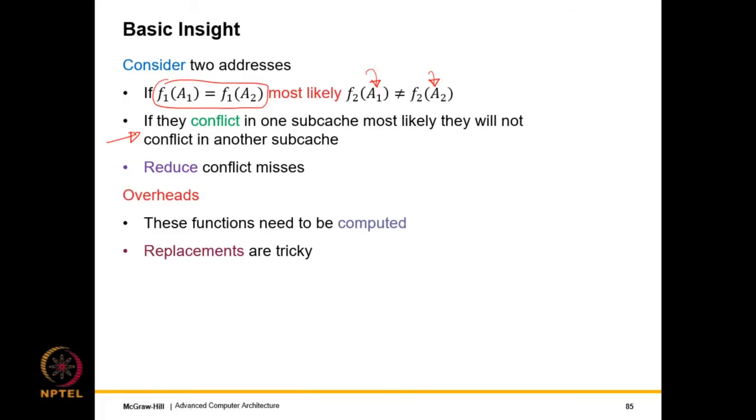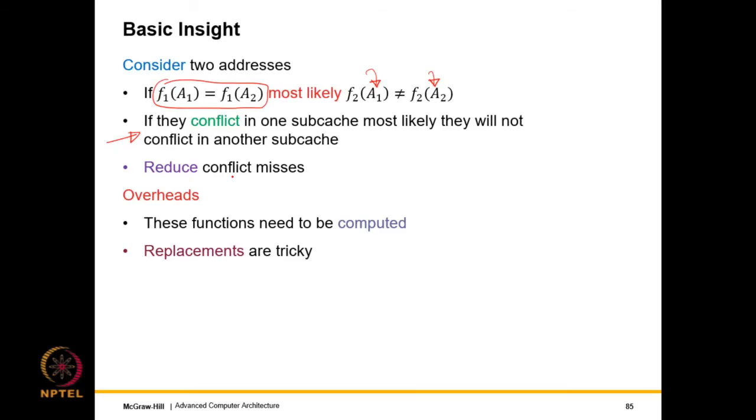So if, let's say, the block with address a1 is already there in one subcache, then we go to the other one, where we'll have another location, and we put our block over there. This really reduces the chances of conflict misses, and this is an extension of the basic cuckoo hashing idea, because as I said, what is architecture?